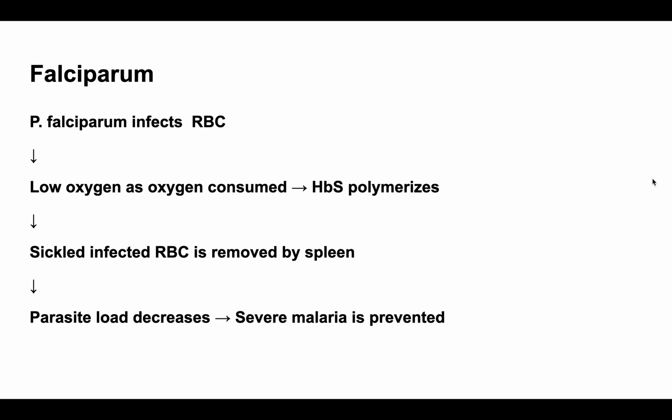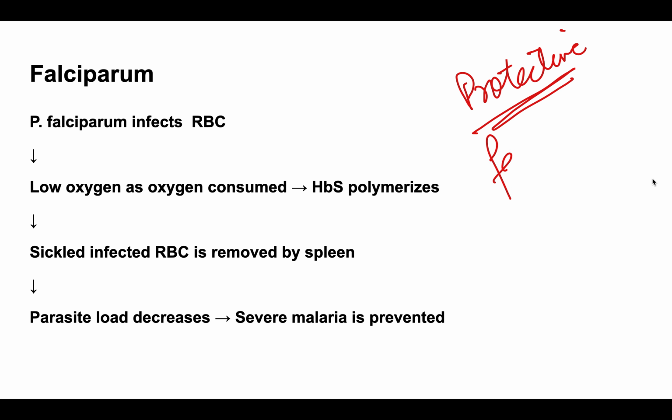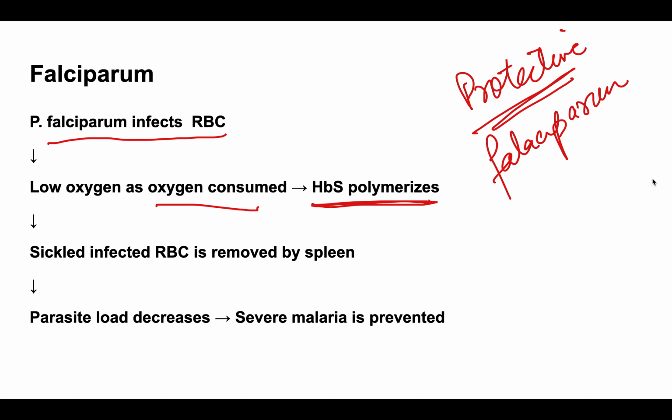Then one more interesting thing seen in sickle cell anemia is that it is protective against falciparum. This is one good thing about sickle cell anemia. Whenever falciparum infects the RBCs, it consumes some oxygen, because of which HbS polymerizes and forms the sickle shape.